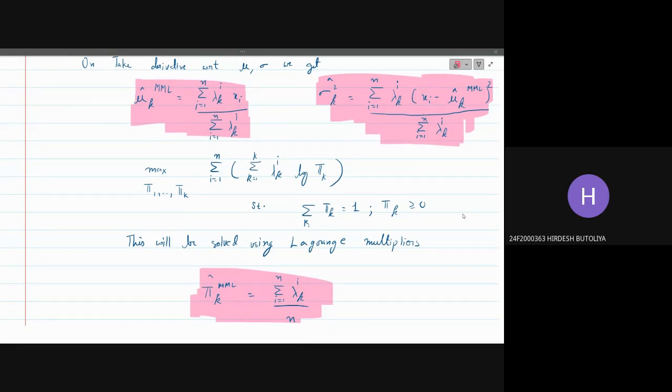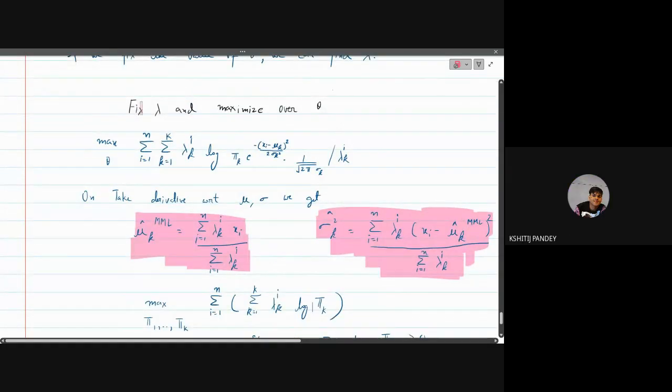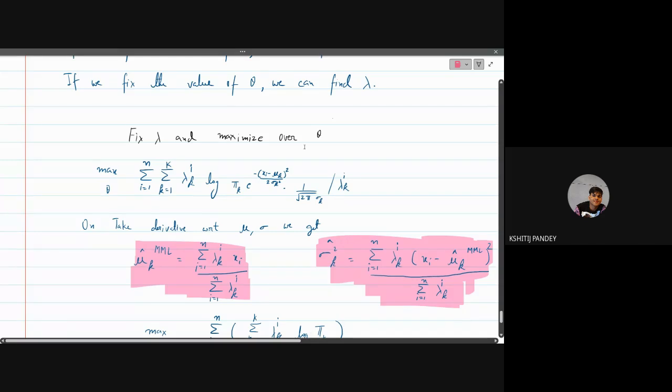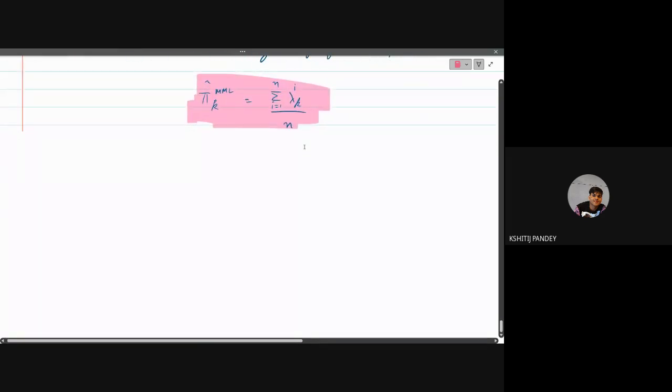Now these three we get when we fix the value of lambda and maximize over theta. What will we get when we fix the value of theta and maximize over lambda?